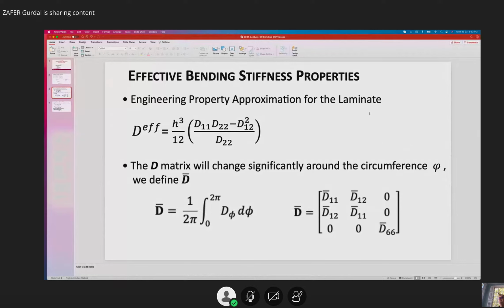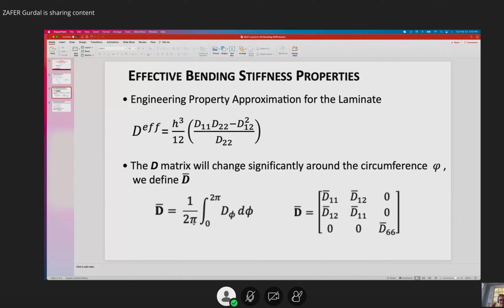We know that the D matrix is going to be changing significantly as you look at it from different directions, 180 degrees around. What we'll do is define a D bar matrix, which will be the integral of the D matrix around the circumferential direction divided by 2 pi, the circumferential length.